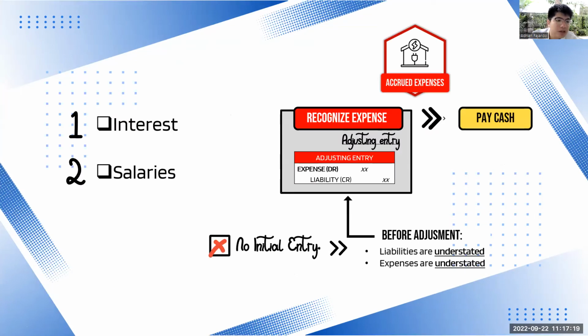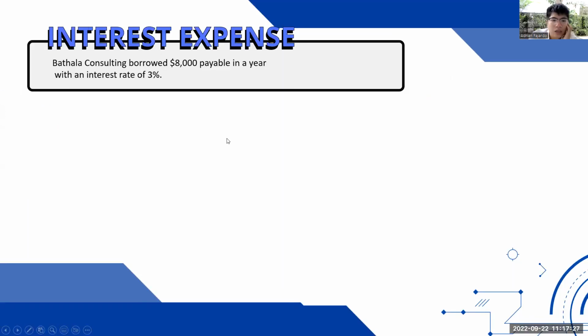The last two would be your accrued expenses, wherein you recognize your expense and then you pay cash. So let's first go to interest expense. Basically, Bathala borrowed 8,000 payable in a year with an interest rate of 3%. For now, I want you to ignore the 8,000 payable. What we're concerned with is the interest rate, right?